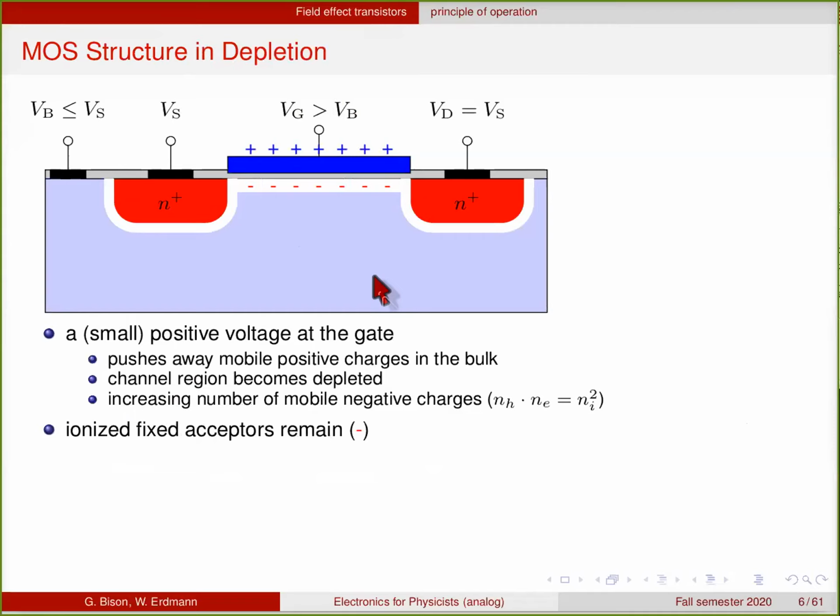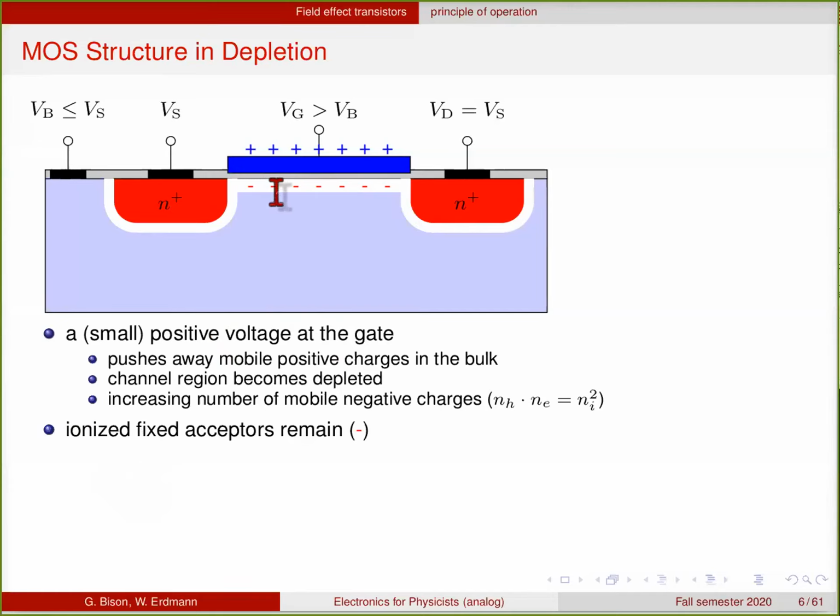But that can be ignored for our discussion here. So the next thing is that we raise the gate voltage a little bit, and this will push away the positive mobile charges here that come from the P doping. If we push away enough of these charges, the region under the channel becomes depleted. The ionized acceptors will still remain here. They cannot move away, so they will still be in the channel and put some charge there.